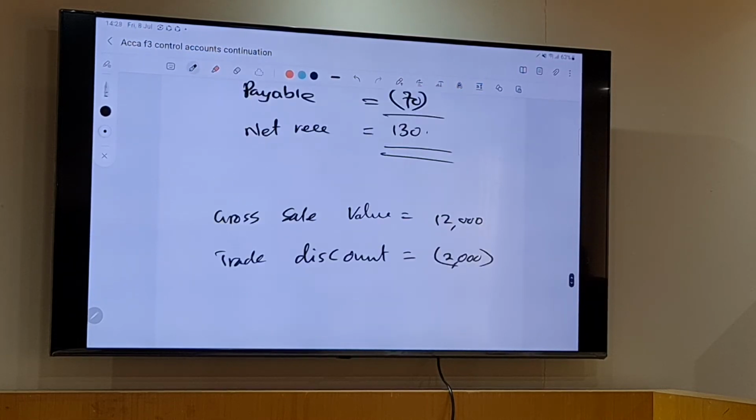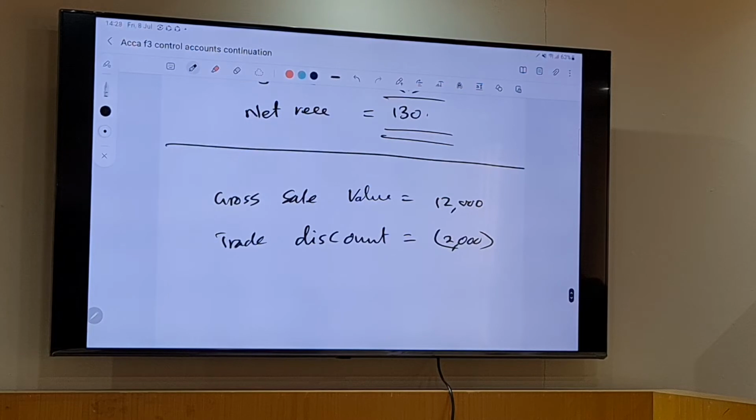Next one, 246. So 12,000 minus 2,000, then the invoice value.